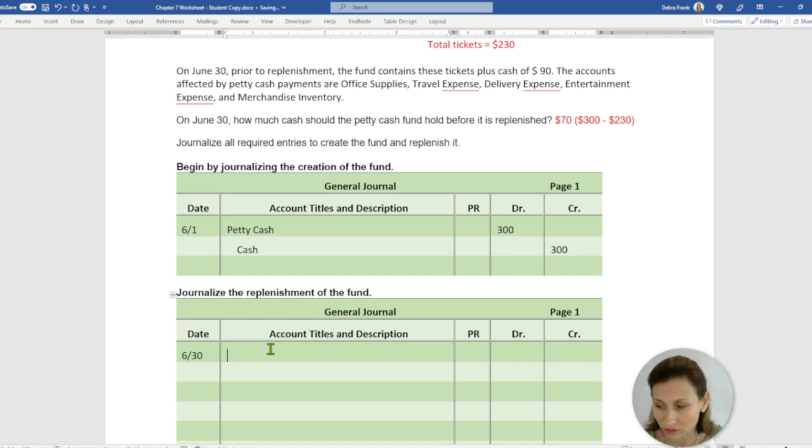So let's start writing those in here just to set up our journal entry. So we have office supplies, we have travel expenses. And then the last one was inventory.